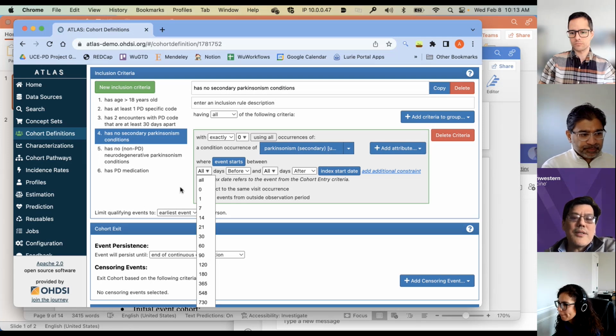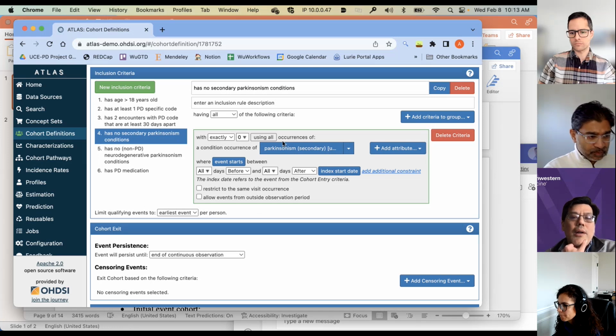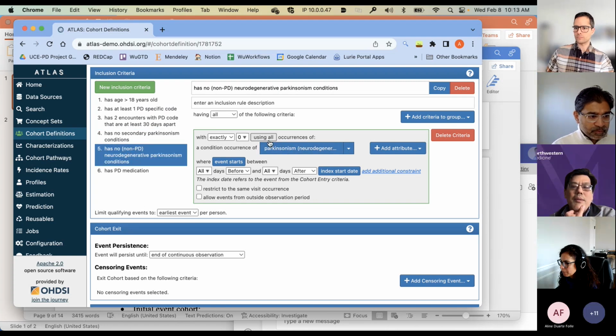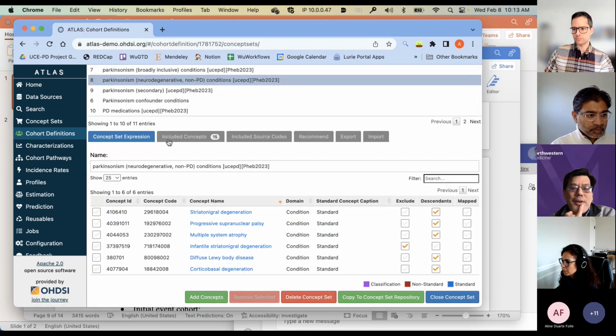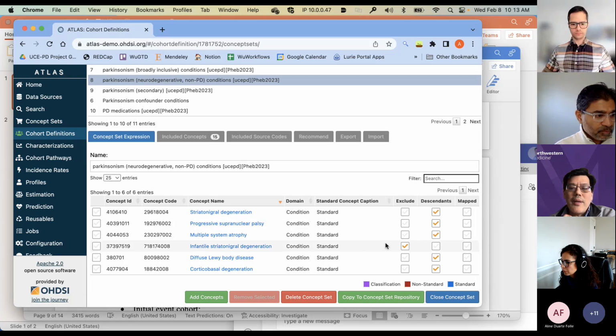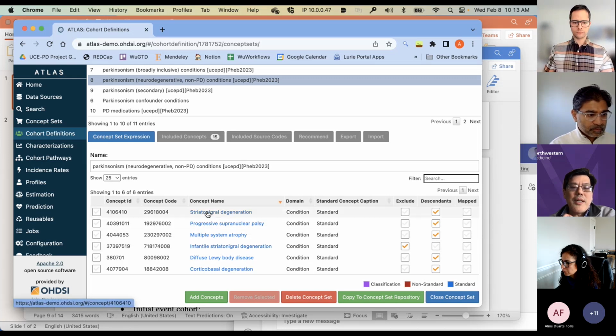This particular algorithm will exclude all of these conditions, and these are the non-PD neurodegenerative conditions. So now you can see, these are very specific neurodegenerative conditions, and I removed the infantile one. That was a child of this one that is the adult neurodegenerative one.